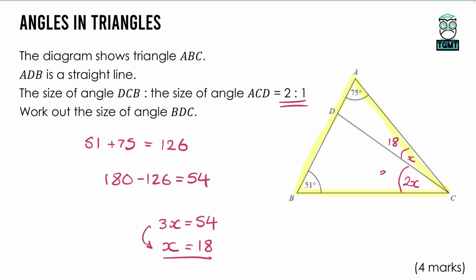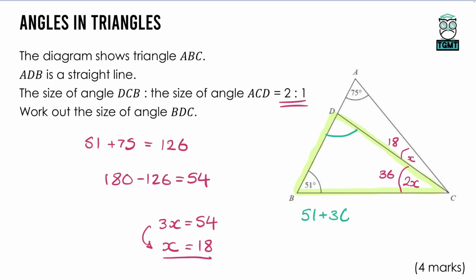Well, this angle here is 18, 2x just below is 36, and now we can actually look for the angle BDC. So BDC is within this secondary smaller triangle down below. And BDC is the angle at the top there. So now we know the two angles in the smaller triangle.